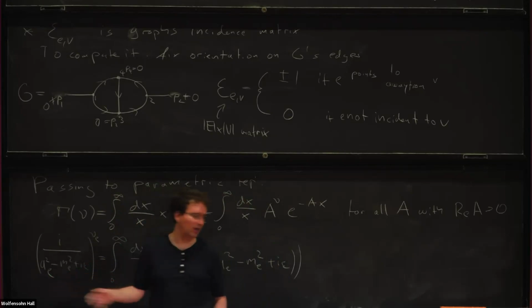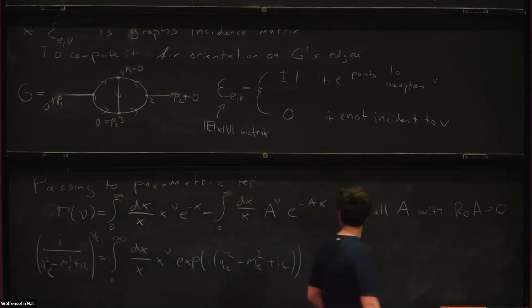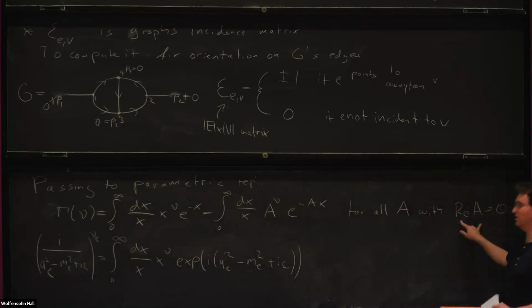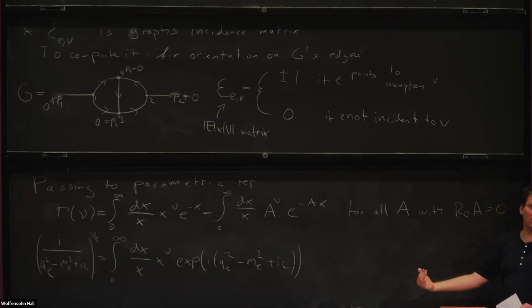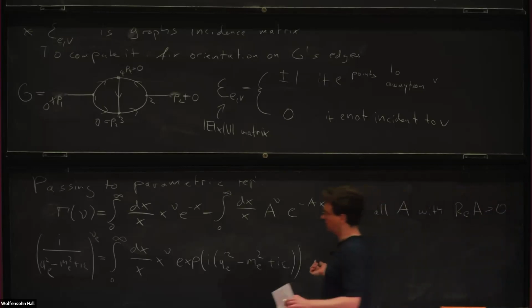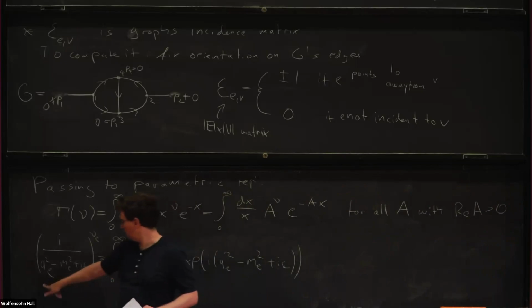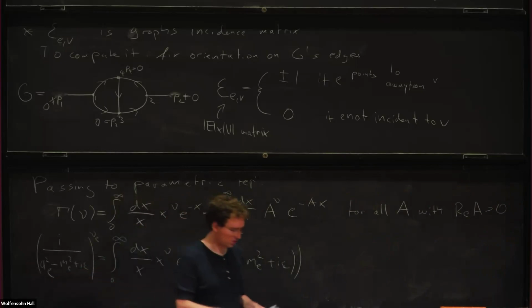So the real part has to have a definite sign, and the real part in the Minkowski case is really only governed by this i epsilon. In the Euclidean case, you're in luck, because then you can just say this whole a here is just the Euclidean momentum, and it's positive anyway, so we don't need to worry about it.